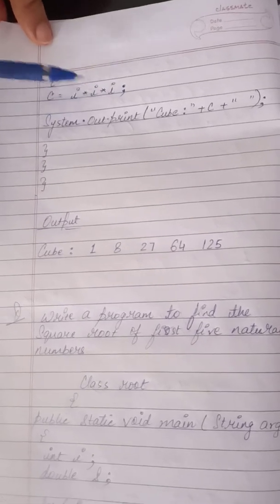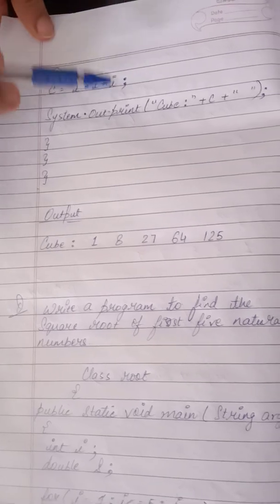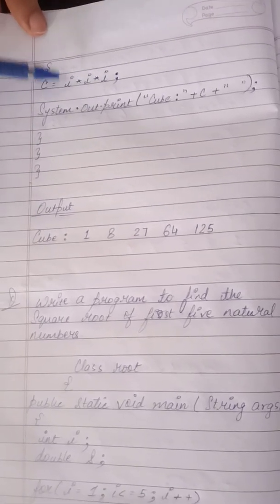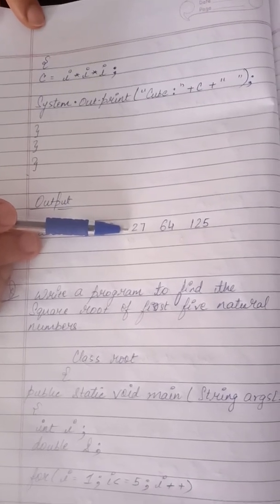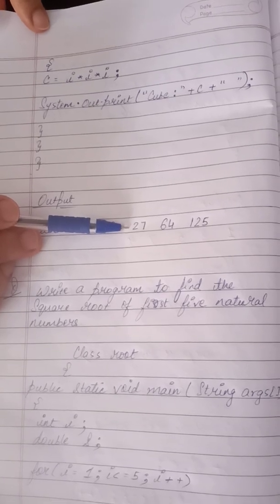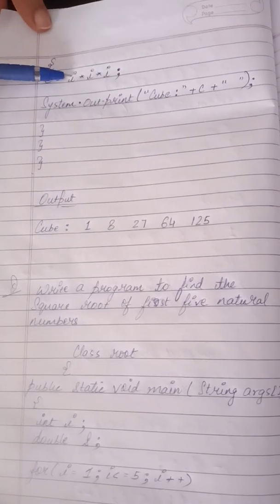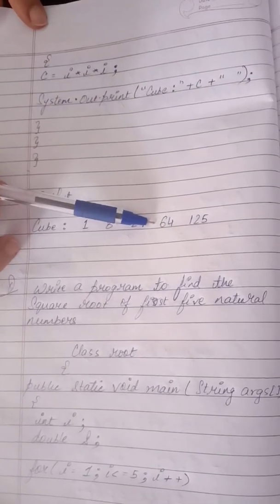Now it will check the condition, 3 is less than or equal to 5, it will multiply 3 times and the value will come out to be 27. Now again I will get updated, I will become 4, the condition is true, it will multiply 4 3 times, and your answer will come out to be 64.